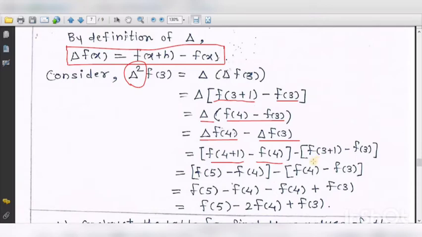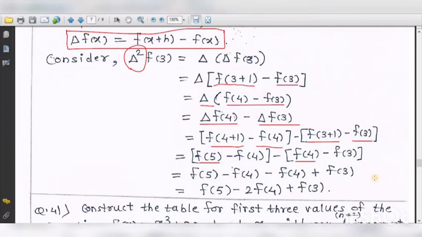Now for delta f of 3, we have already calculated the value as f of 4 minus f of 3, but still we are writing it again. So this value is f of 3 plus 1 minus f of 3. Simplifying, we get f of 4 plus 1 means f of 5 minus f of 4. Then f of 3 plus 1 means f of 4, and minus f of 3.